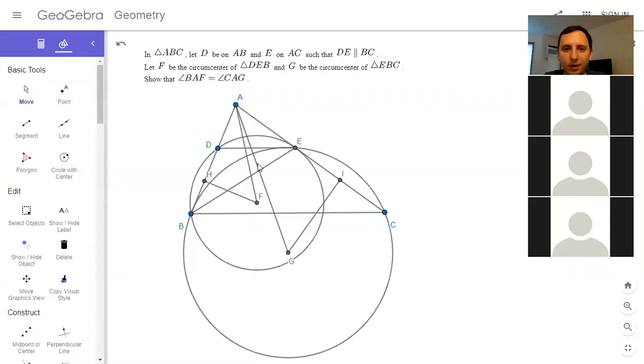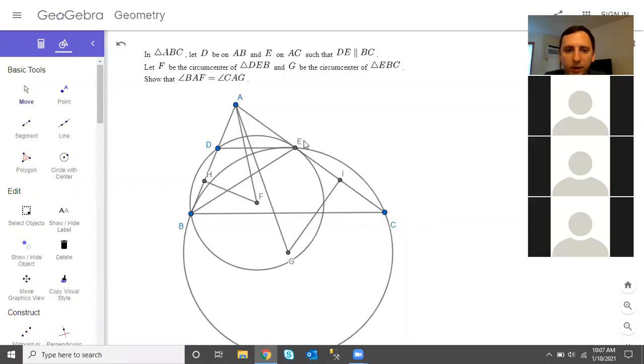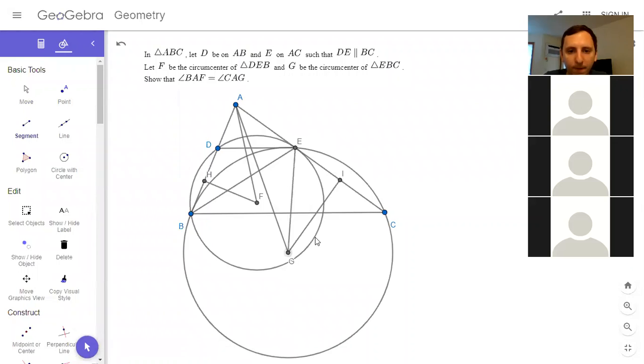We know DFB and GCE are similar. So yeah, we want to show that those are similar triangles. We know that because DFB is 2 times DEB, and this is EBC, and this is CGE half.